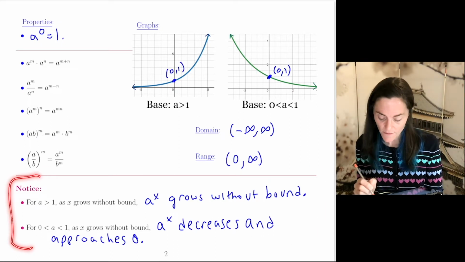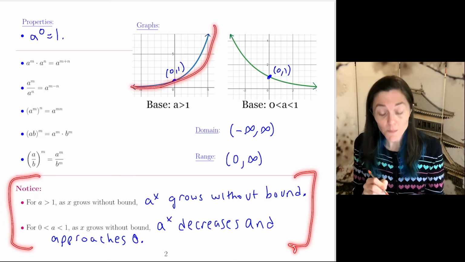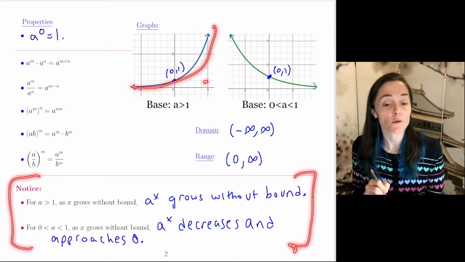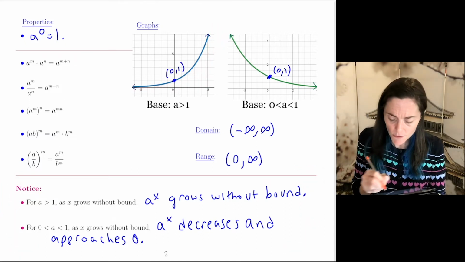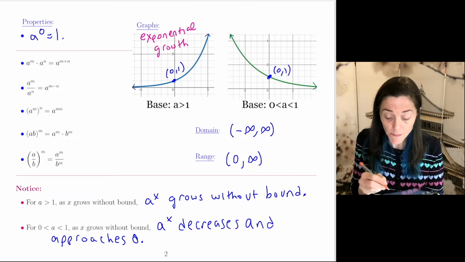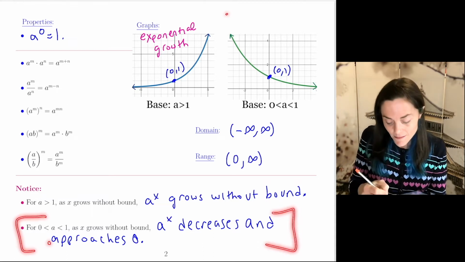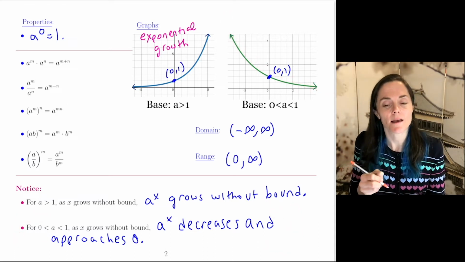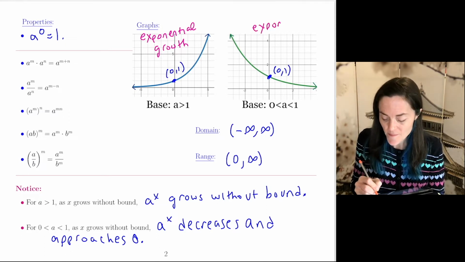Because of this behavior here, which we see visually in the graph, for base bigger than 1, the exponential function grows without bound as x grows without bound, and we typically refer to this as exponential growth. And similarly, when you have a base between 0 and 1, the function decreases and approaches 0, and we will refer to this as exponential decay.